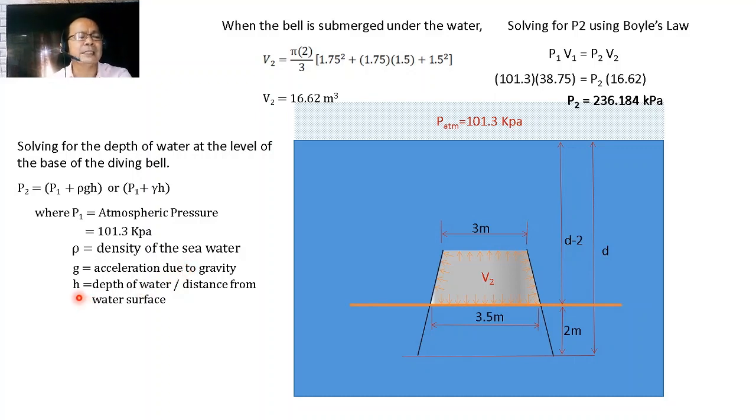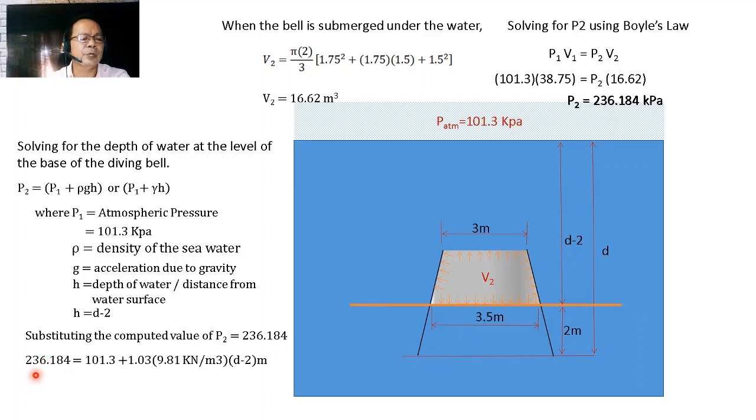While this one is the depth of the water, or the distance from the water surface to this part of the frustum, at a depth equal to d minus 2. So when substituted with the values, including the value of P computed at 236.184, our equation becomes 236.184 equals 101.3 plus the product of 1.03 times 9.81 multiplied by d minus 2. And when this is simplified, we can solve for d.